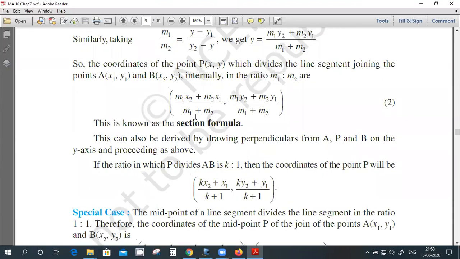So instead of m1, m2, I can say the ratio is k:1.